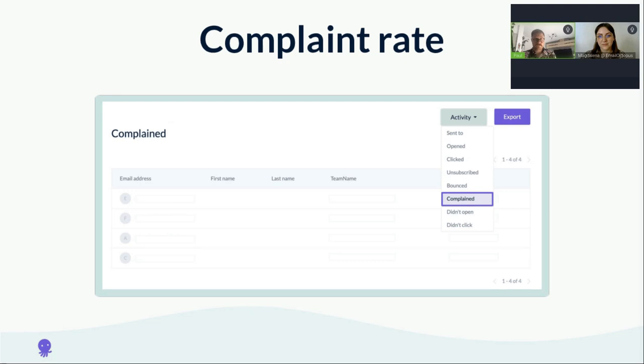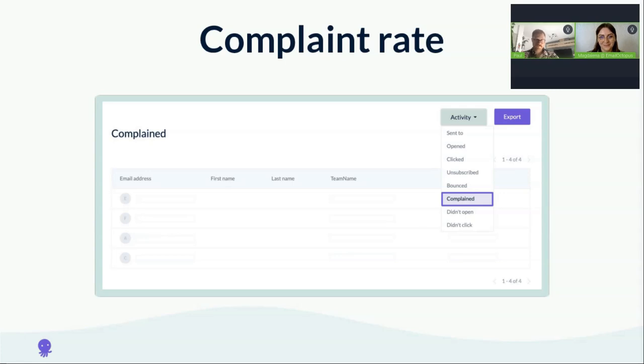Yes, there's also complaint rate. This metric indicates how many of your contacts have marked your email as spam. A high complaint rate can mean that many people didn't expect to receive the email from you, or that there's no simple and visible way to unsubscribe from your messages. Okay, so if I understand correctly, this one should stay as low as possible, right?